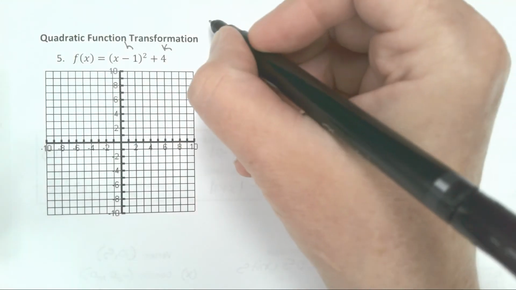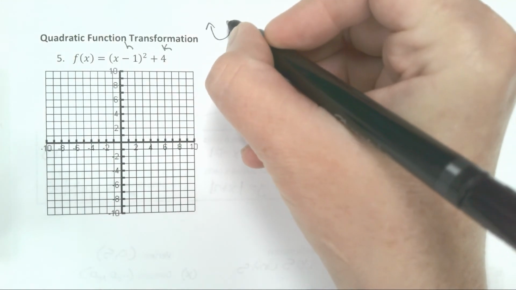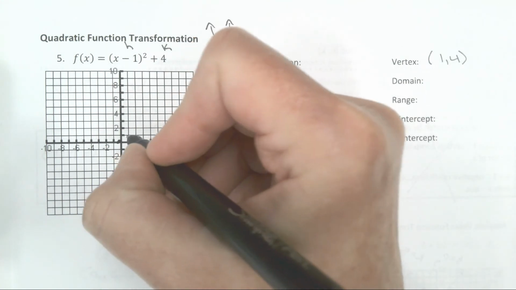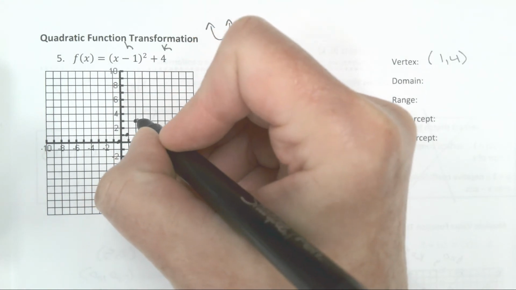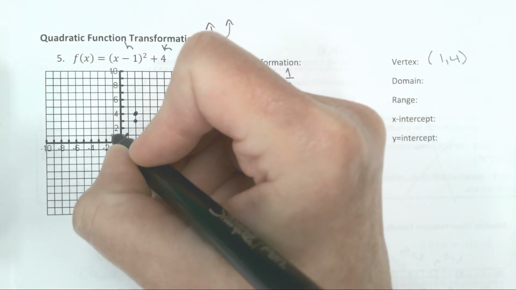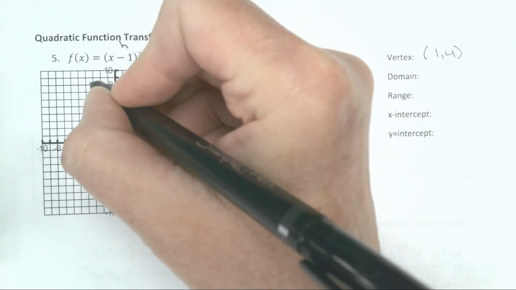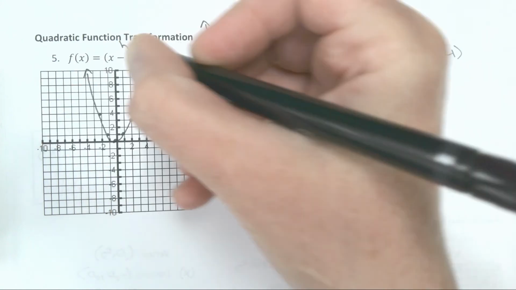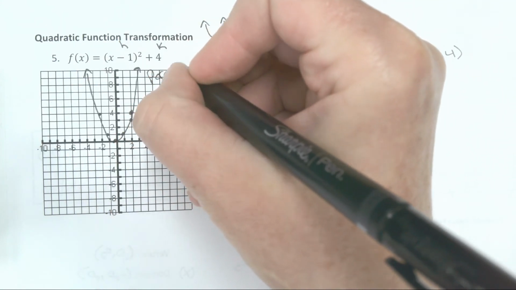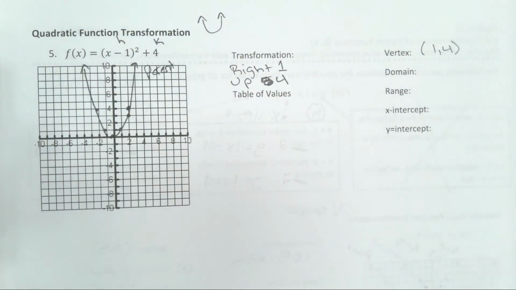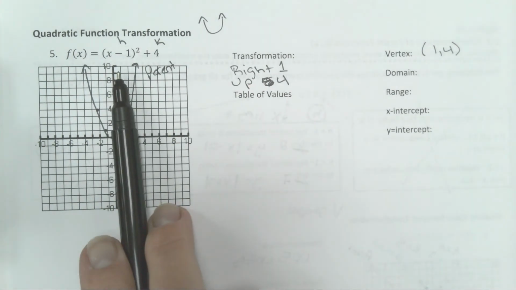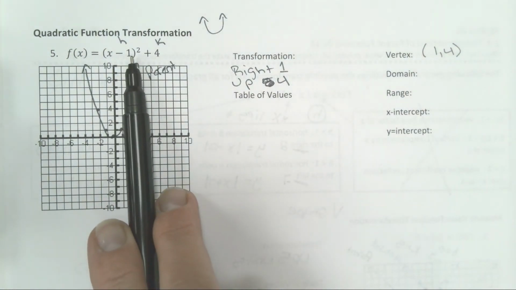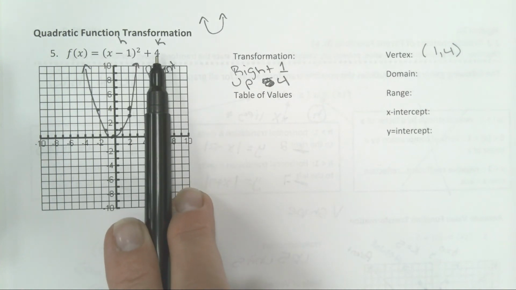All right, the quadratic is a U shape. It's a parabola. So if I were to sketch, it goes there, 1, 1, and 2, 4. So here is my parent. And so this time, I'm going to pick up the parent, and I'm going to shift every point right 1 and up 4.